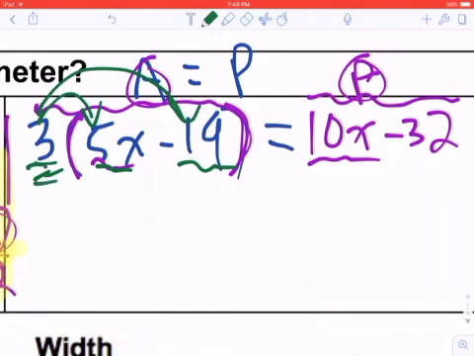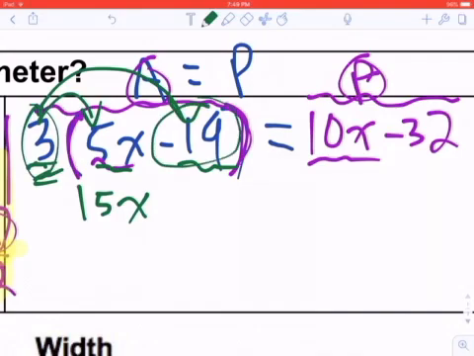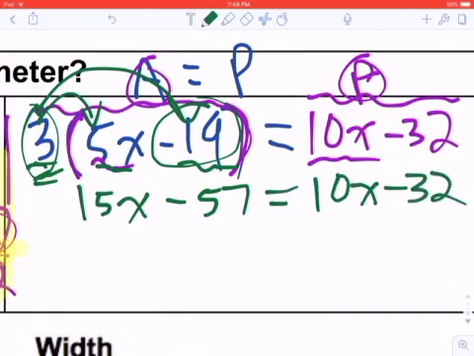So I've got 3 groups of 5x. That's 15 x's. I've also got 3 groups of negative 19. With my calculator, 3 times negative 19 is negative 57. And that's still going to be equal to 10x minus 32, because I didn't have to do any work on that side.